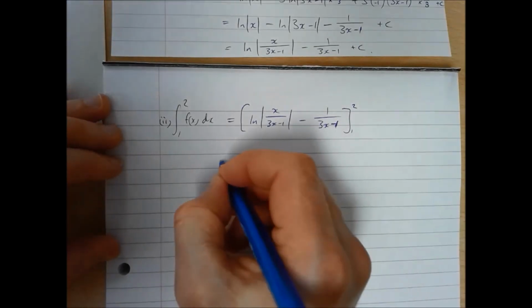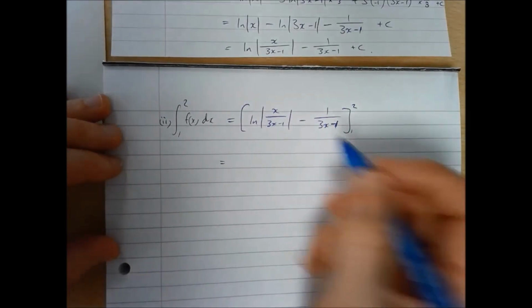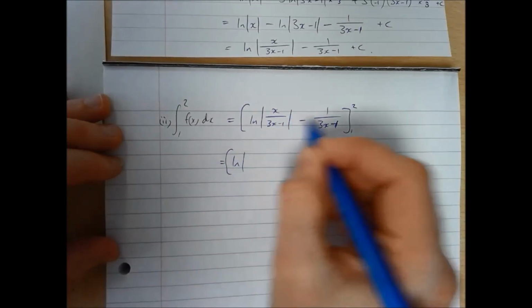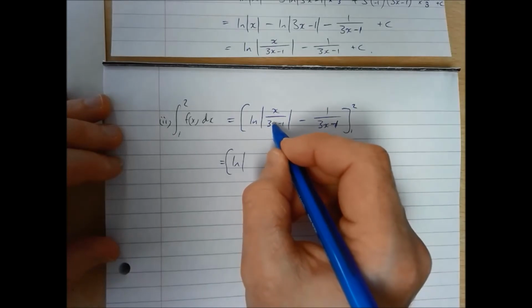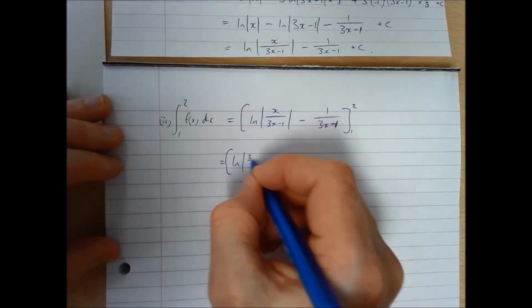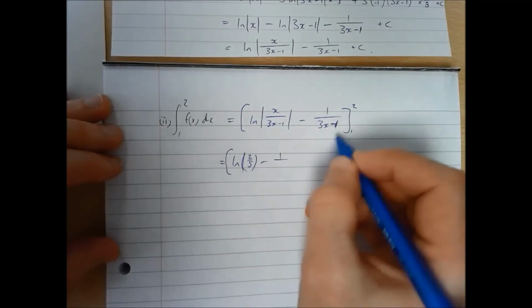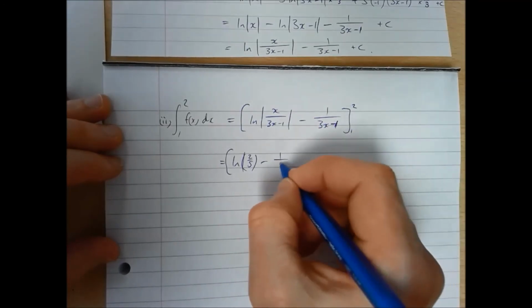Okay, so I'm going to use this version. Subbing in, then we get ln of 2 over, so 3 times 2 is 6, minus 1 is 5, so 2/5. Again, 3 times 2 minus 1 is 5.